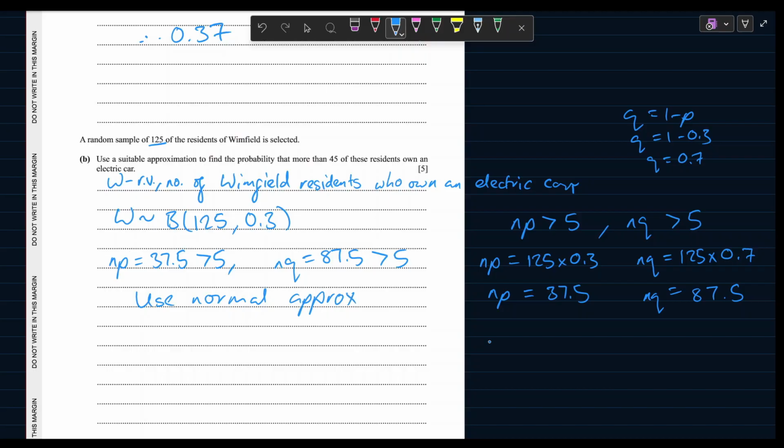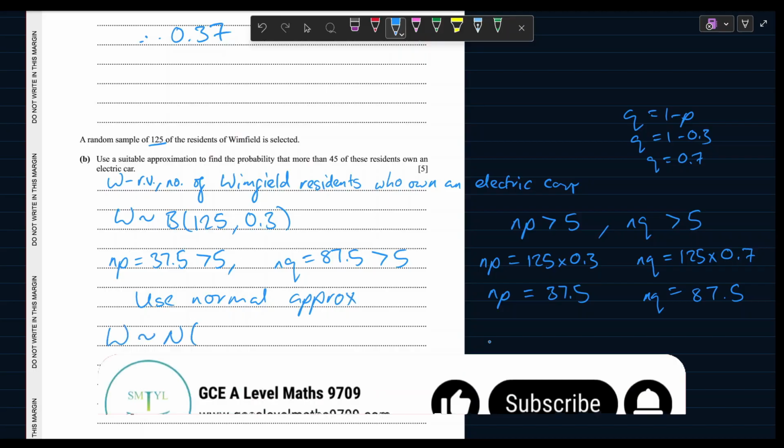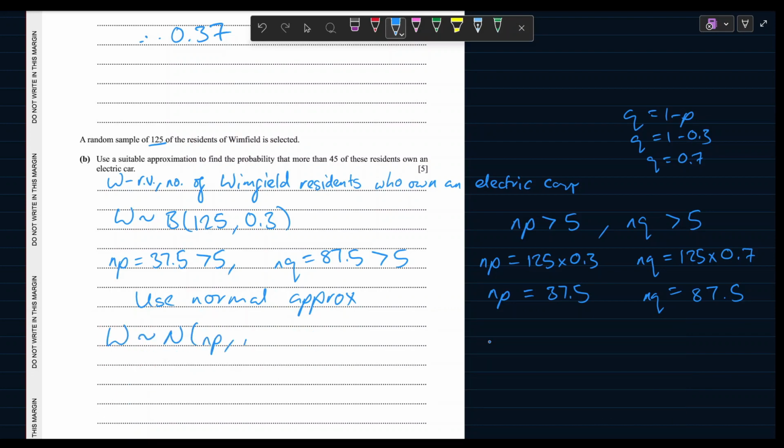And so what we get is that our W will follow a normal distribution with our mean being NP and our variance being NPQ. NP we've already evaluated to be 37.5, and we need to evaluate our NPQ. So NPQ is equal to 125 times 0.3 times 0.7.